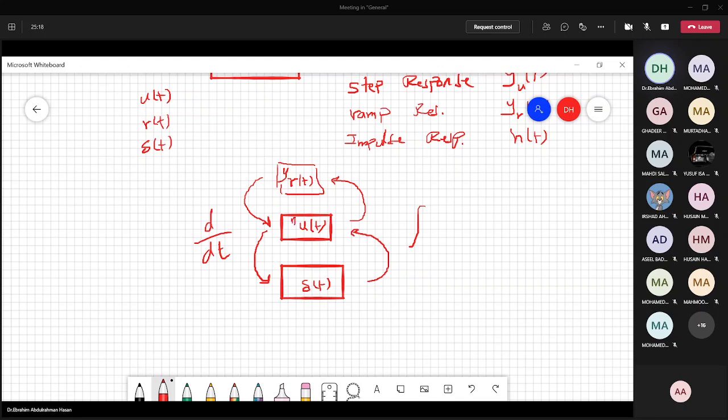This is y u of t, and this is y delta, which is h of t. So again, the derivative of the ramp response gives the step response. The derivative of the step response gives h of t. And the integration of the impulse response gives the step response.